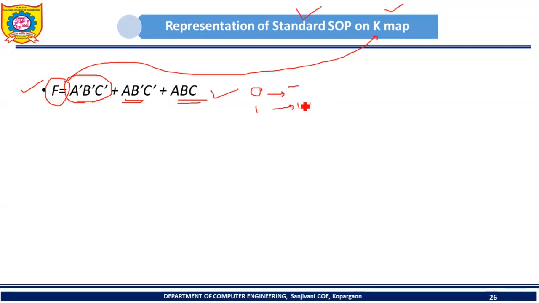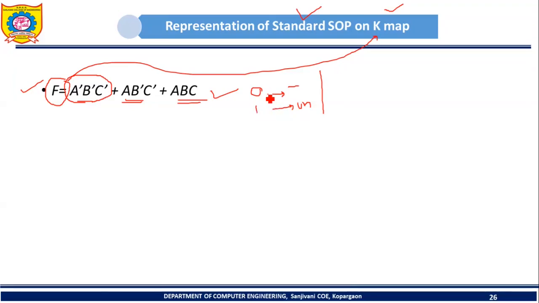We have seen this difference also. In case of min term, 0 means complemented form of the variable and 1 means uncomplemented form. And in case of max term, what happens? 0 means uncomplemented form and 1 means complemented form of the variable. Please don't get confused, it is very simple.